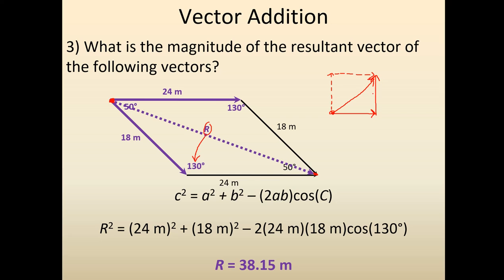If you get into the habit of just doing it every single time, regardless of whether the arrows are drawn tip to tail or not, then you'll never get tripped up because you're always doing it. You'll always do it out of habit and then go, okay, it starts here, ends here, boom.